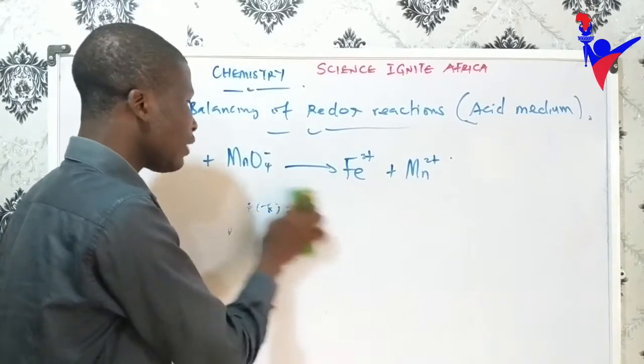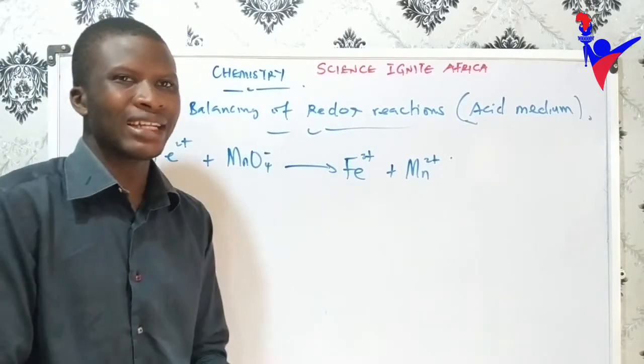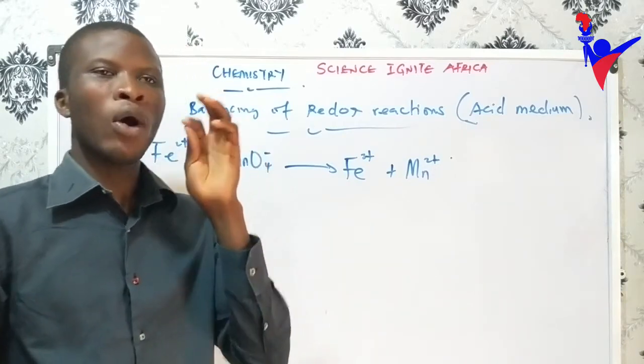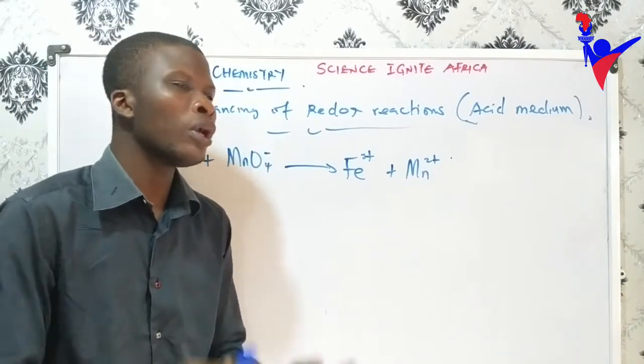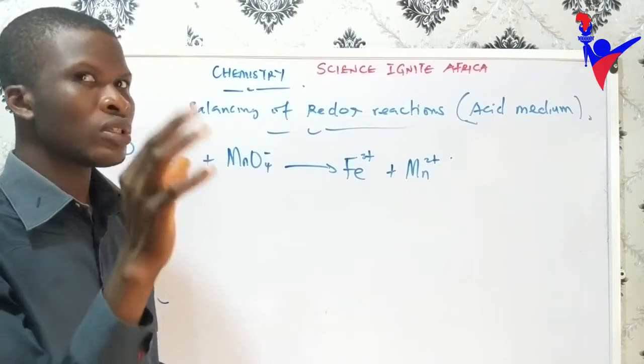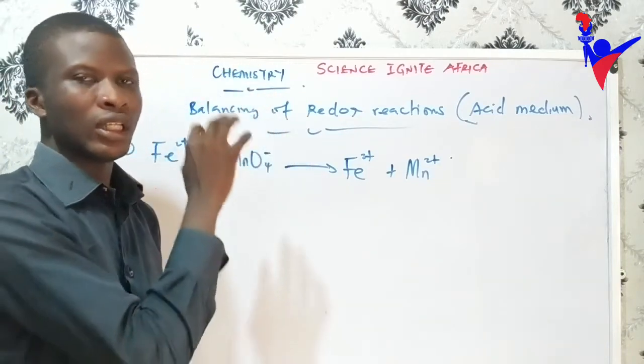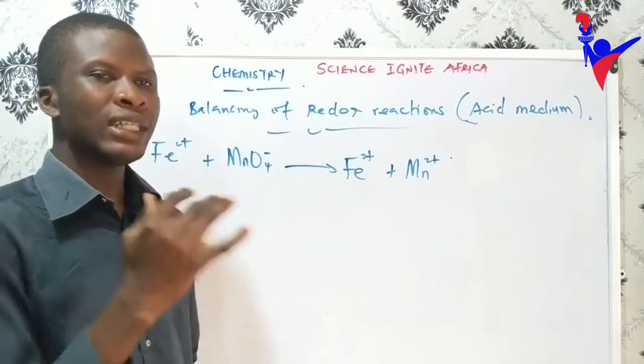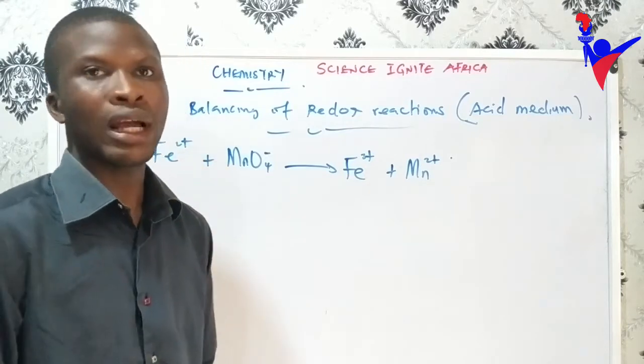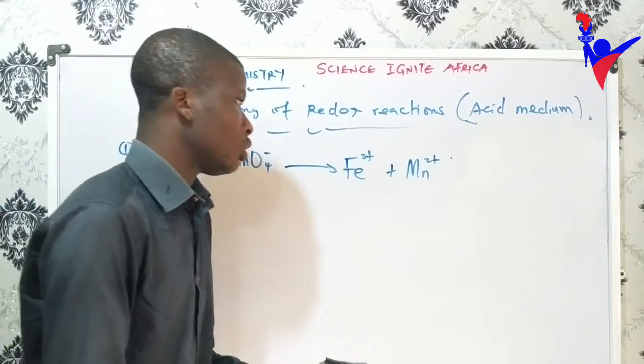Now that's the first thing you have to do: identify the species that is undergoing oxidation and the one that is undergoing reduction. That leads me to the steps involved in balancing redox reactions in different media.